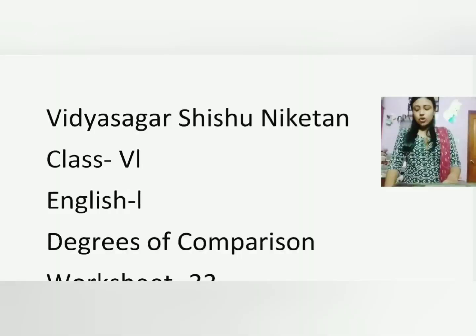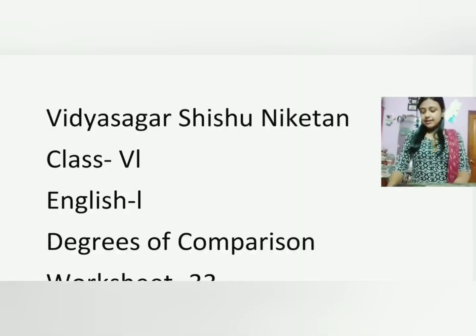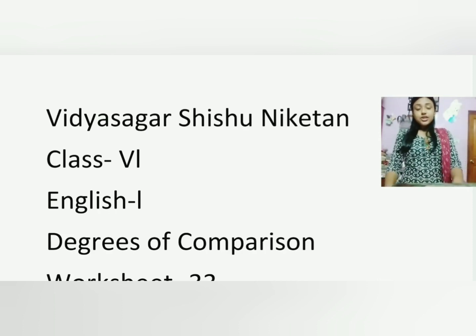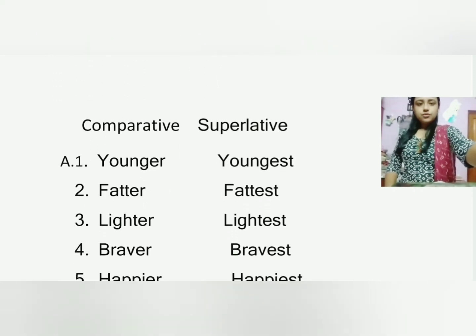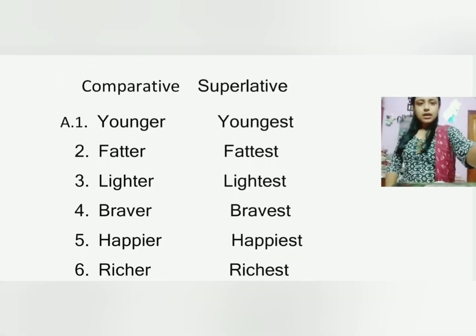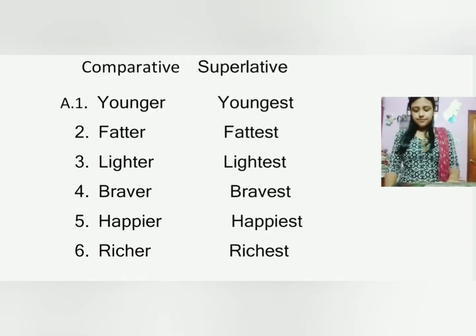Okay. As we can see in exercise A, what is the instruction given? Write the comparative and superlative forms of the following adjectives. Certain adjectives are given and we have to write the comparative and superlative forms. You will have the worksheet in your worksheet material. Now do this.